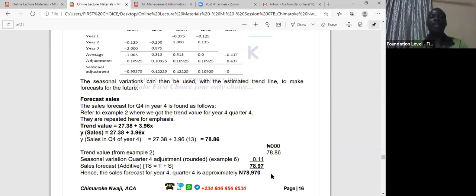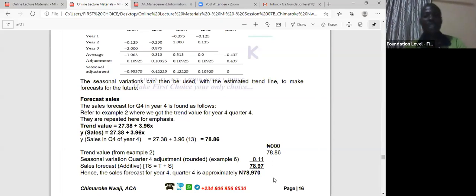Then you come back again to make your forecast. The forecast you made using your trend, you will now adjust it with the seasonal variation. That will give you a better forecast. That is how people who are doing weather forecast, currency forecast, they apply all of these.